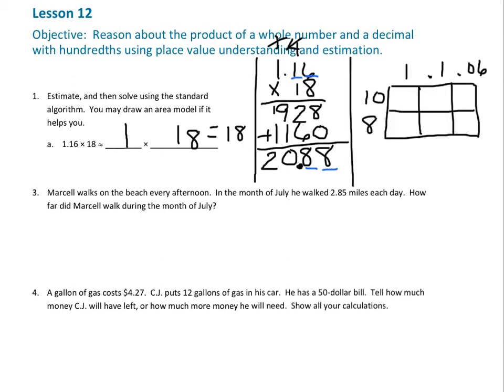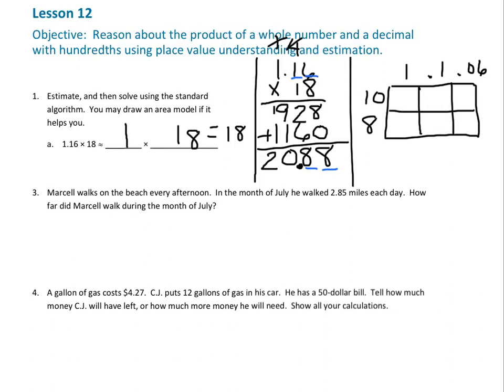I also have the area model set up so you can see it in a different way. What you do in the area model is you break the numbers apart. So, for example, on the left-hand side, you have the number 18 broken into 10 and 8. Above that, you have 1 and 16 hundredths broken down to 1, 1 tenth, and 6 hundredths.